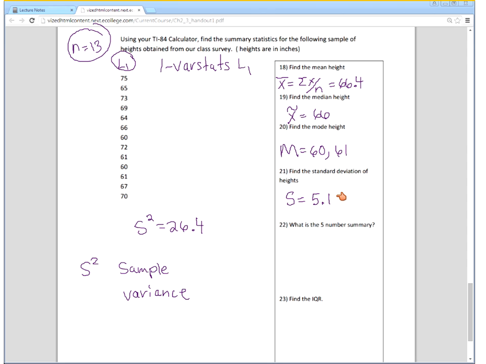Okay, so you get something different, right? You got 26.01. It's not the same. So remember, to get variance, you have to get the unrounded standard deviation and square that.